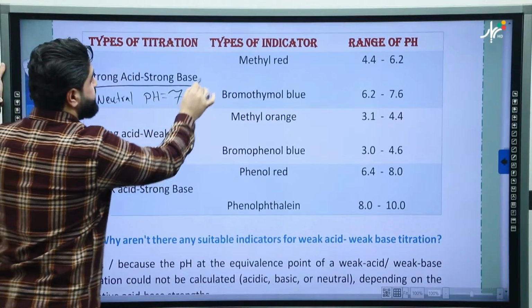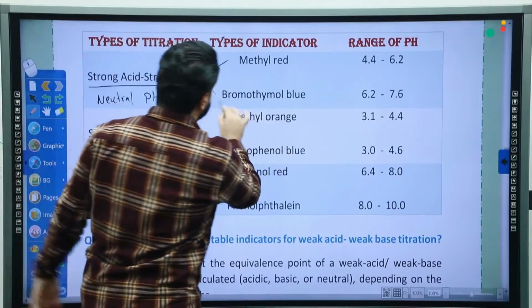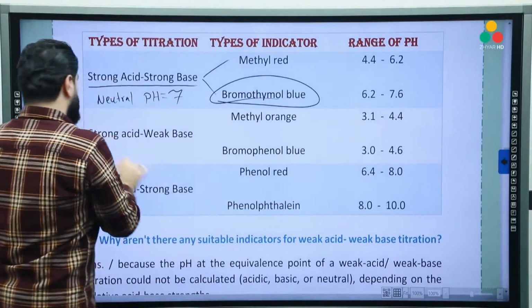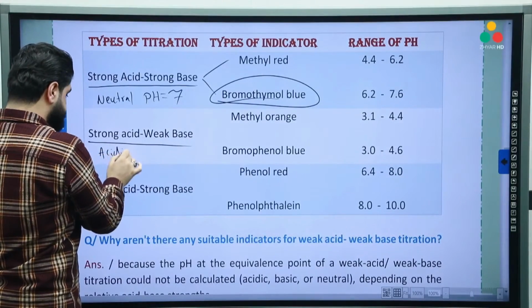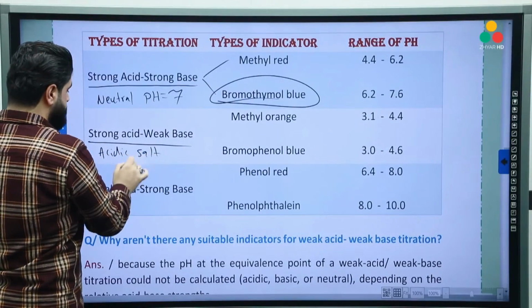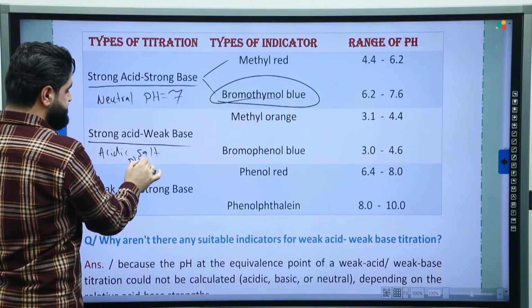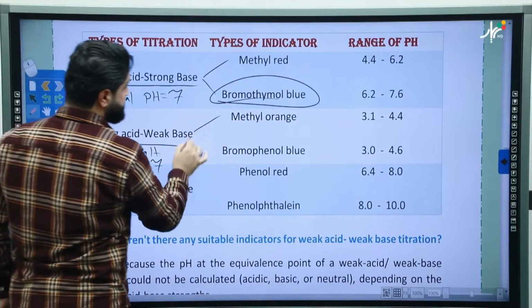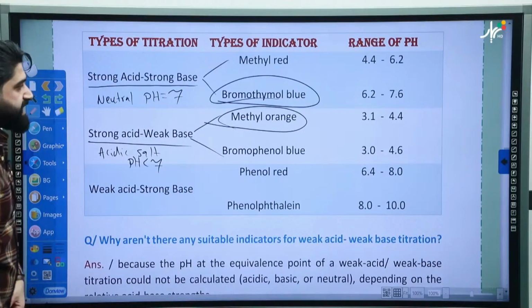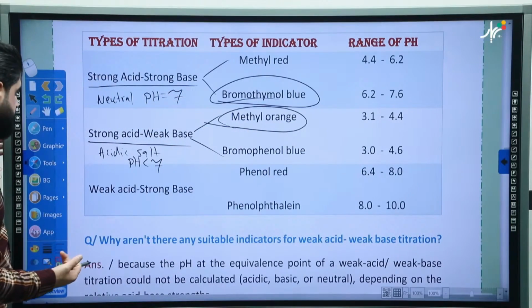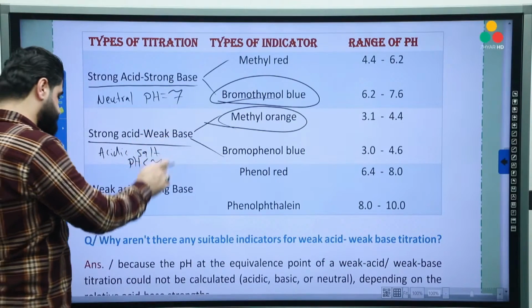We have two indicators, and the best one is bromothymol blue. For a strong acid and a weak base, we have an acidic salt, pH smaller than 7. We have two indicators, and the best one is methyl orange. Orange has a sour taste, just a memorizing trick, it's very good.